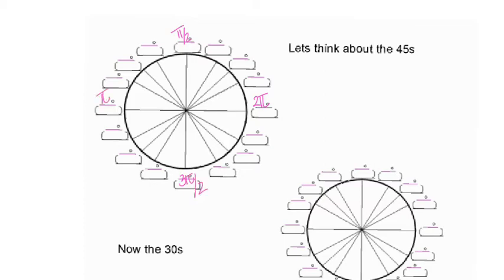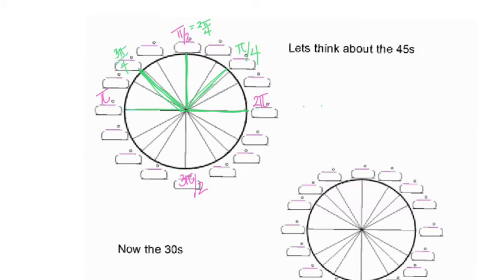Okay, so I'm going to do the 45s. If this quarter here is half a pi, then midway between these two is half of a half, which is pi over 4. So at this point, I'm going to start counting by pi over 4. Every 45 degrees is another pi over 4. So I've got 1 pi over 4. This is the same as 2 pi over 4, like 2/4 times pi. This next one then is 3 pi over 4.